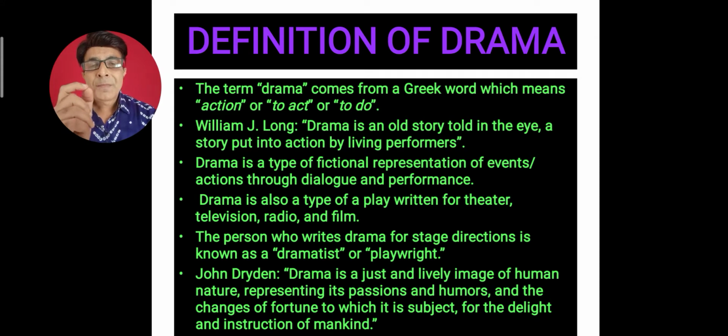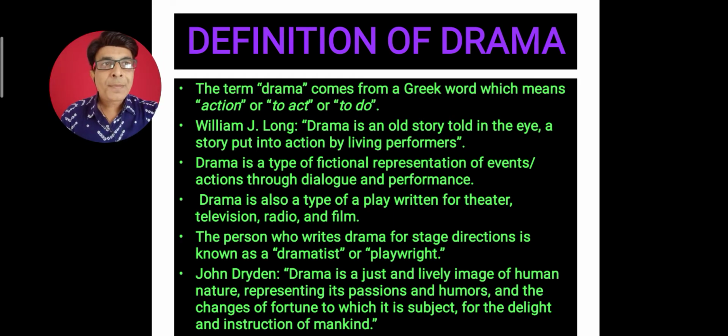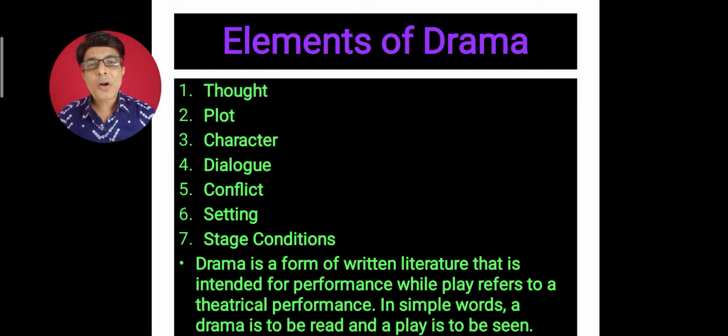According to Dryden, the primary function of any drama is to delight the audience, to delight the readers, and the secondary function is to instruct the readers. So friends, this is the definition of drama as discussed by John Dryden in Essay of Dramatic Poesy.